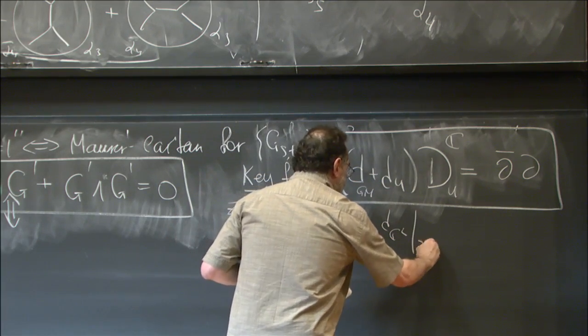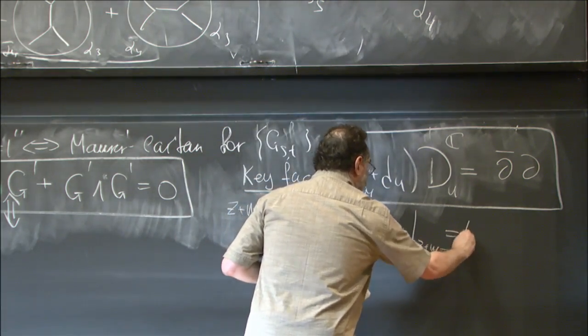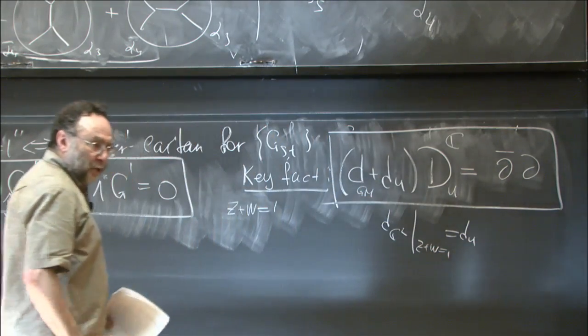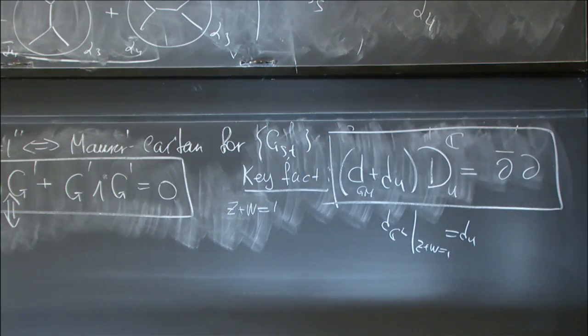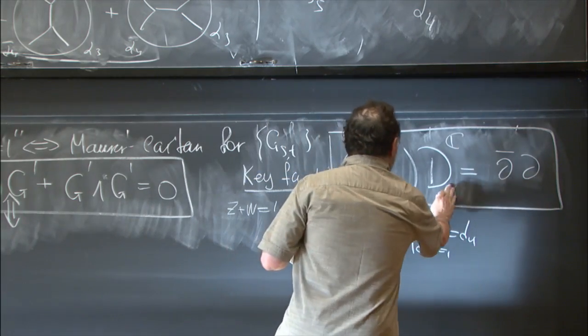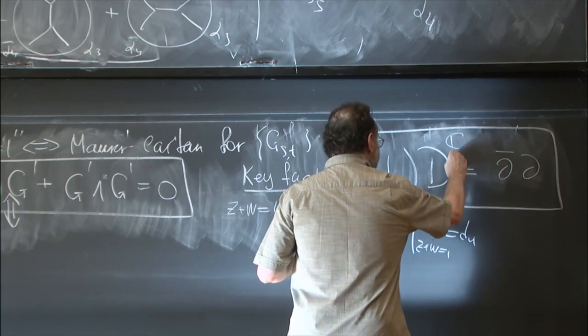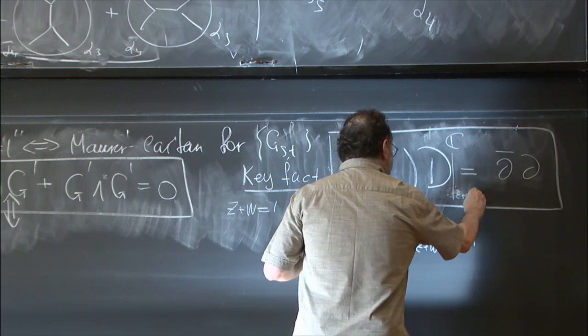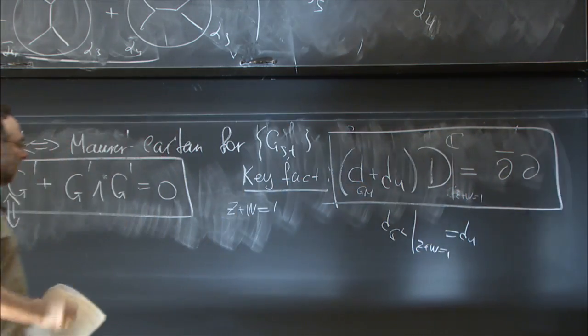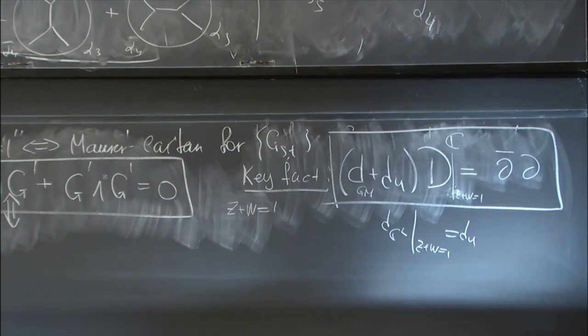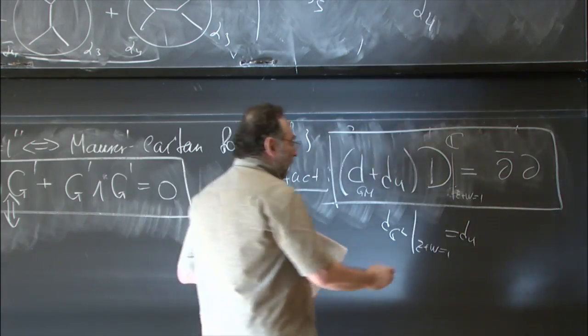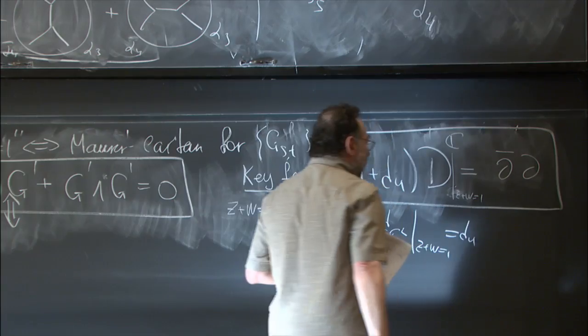Now if you restrict this to z plus w equal to 1, I call it d sub u, because you take the differential only with respect to this direction. No, it is d restricted to z plus w equal to 1. Whenever I put sub u, it means I restrict. But this is the dd bar on your manifold X.